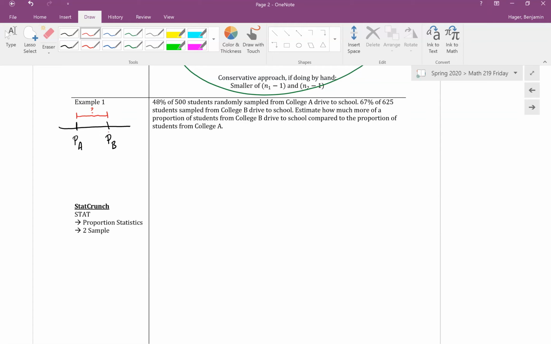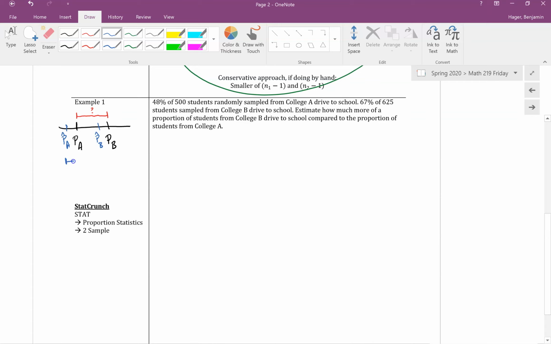All right, and so what we did is we took a sample from College A. Maybe that was a little above or below, but it should be pretty close to what the true proportion for College A is. And we took a sample from College B, and so we got some p hat from College B. Again, maybe above or below, but probably pretty close to what the true proportion for College B is.